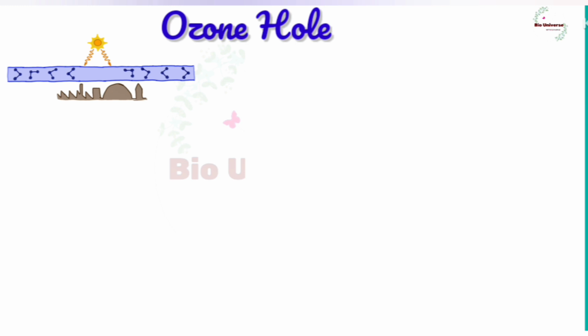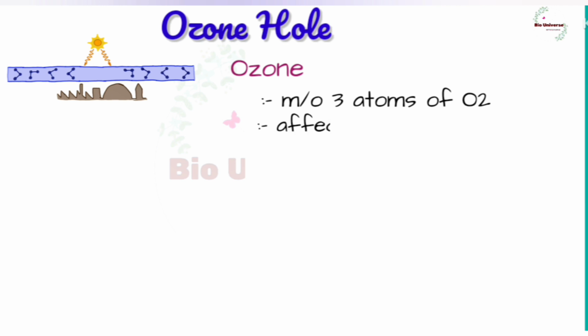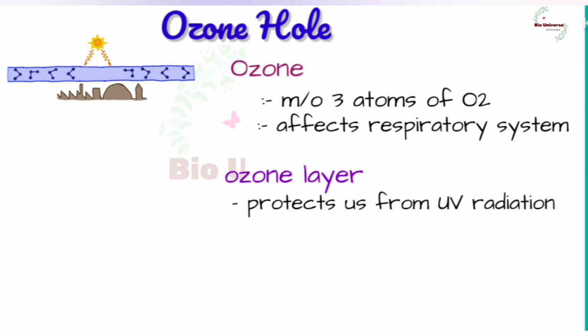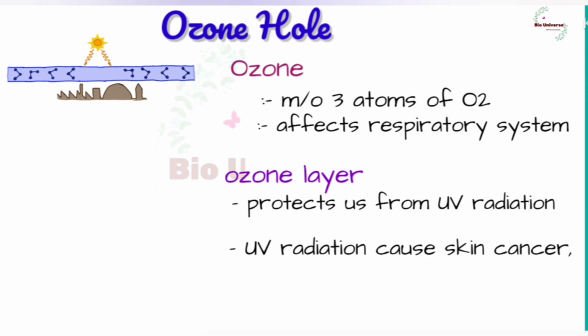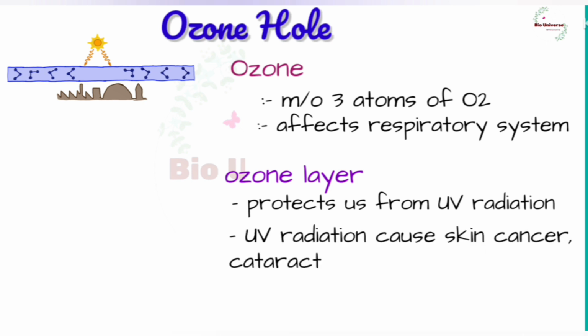Ozone, which is made up of three atoms of oxygen, affects our respiratory system. However, the layer of ozone in the atmosphere protects us by absorbing the ultraviolet radiation from the sun. This prevents the harmful ultraviolet radiation from reaching the surface of the earth. Ultraviolet radiation can cause skin cancer and cataract.